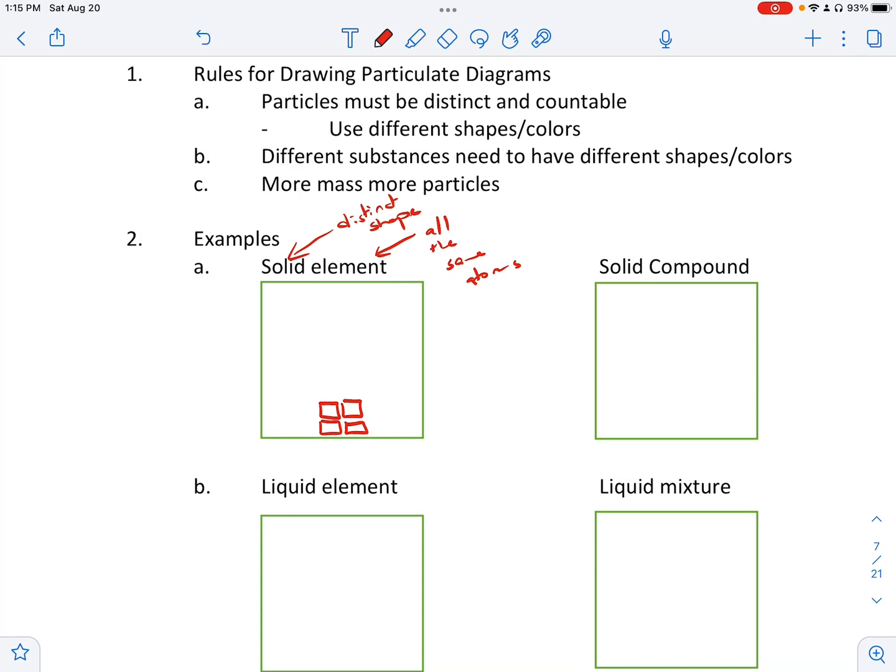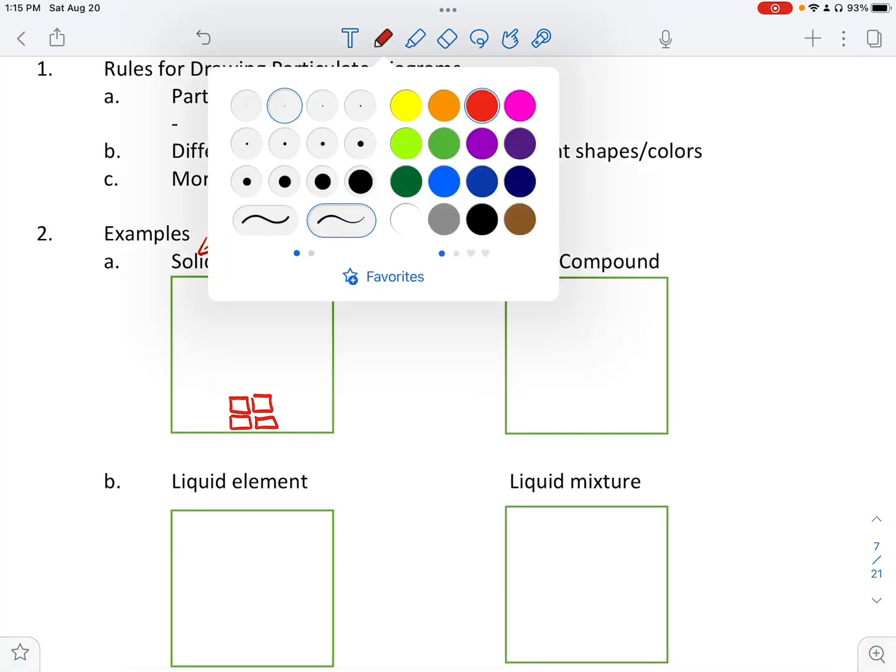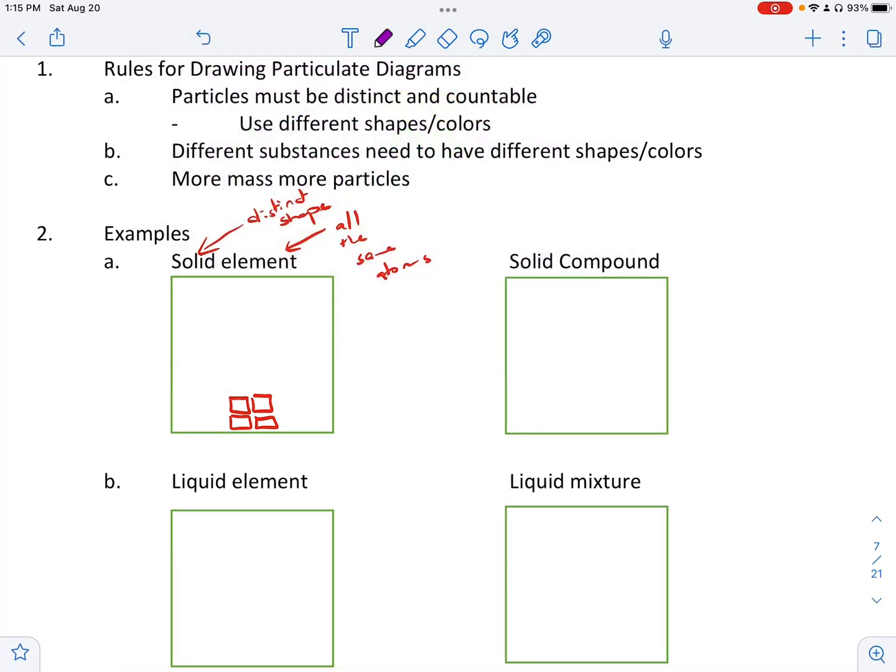Now let's shift gears a little bit. This time we have a solid compound. I'm going to shift colors here. It's still going to have that distinct shape, but now a compound is going to have the same ratio of atoms. We talked about that.